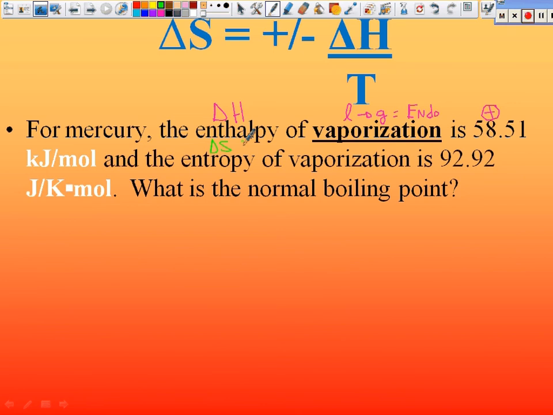What is the boiling point of mercury? Solve that. What is the boiling point? It's the temperature at which a substance begins to convert from a liquid to a gas. So you're solving for T.